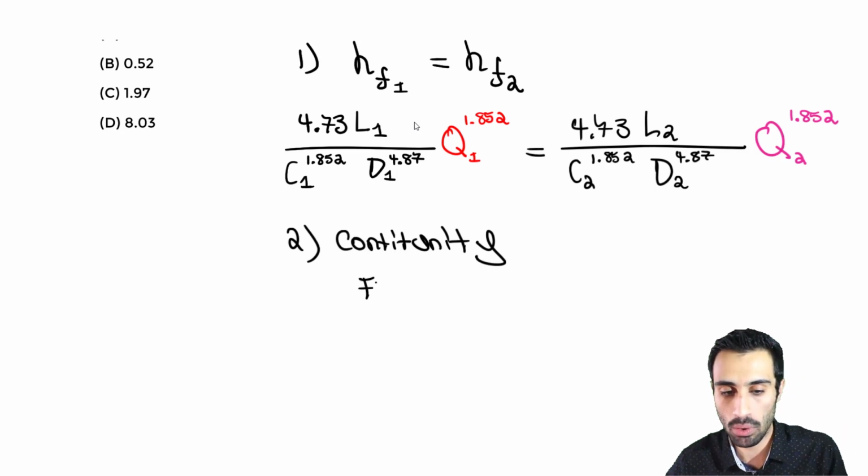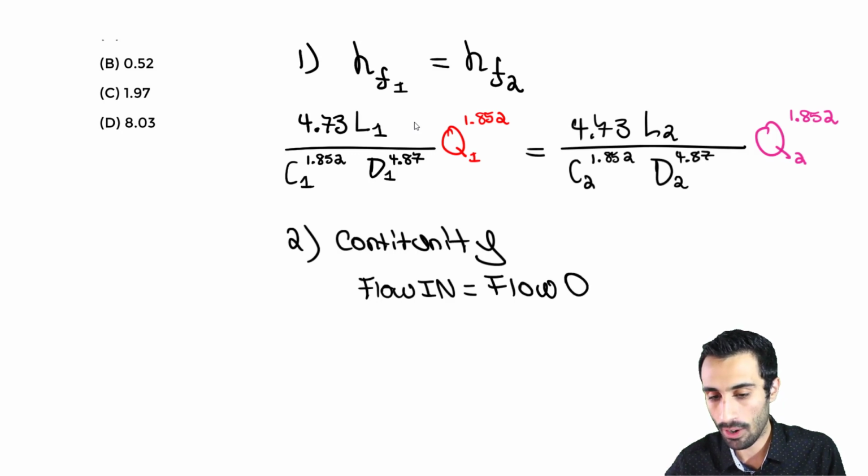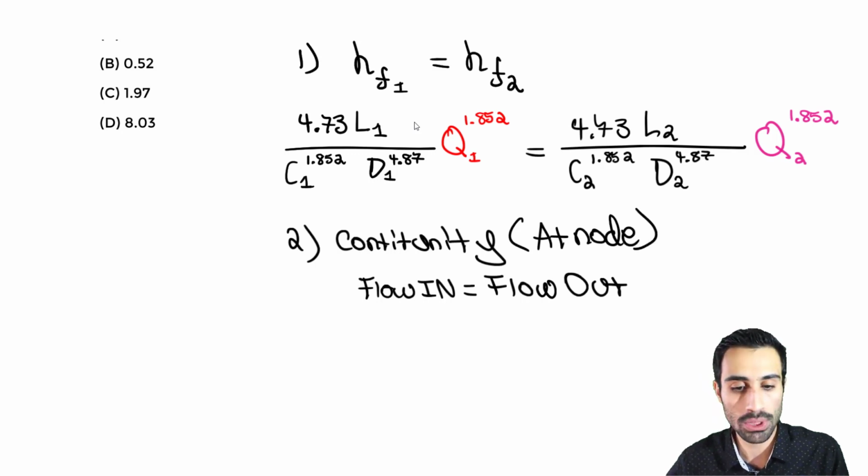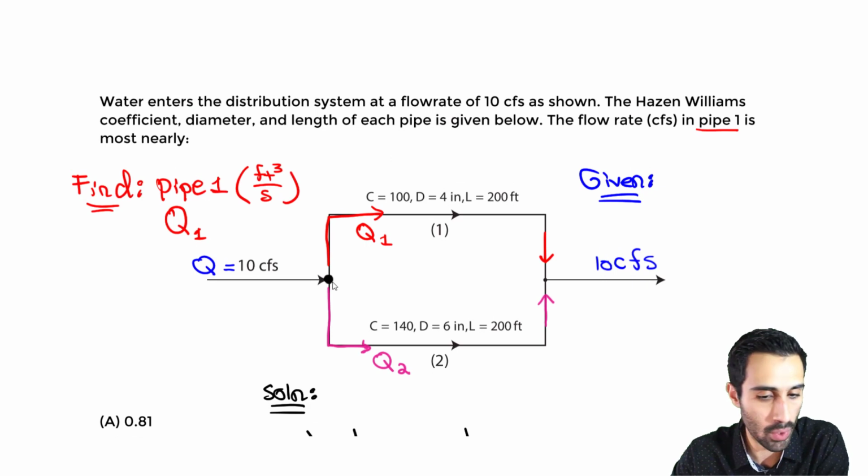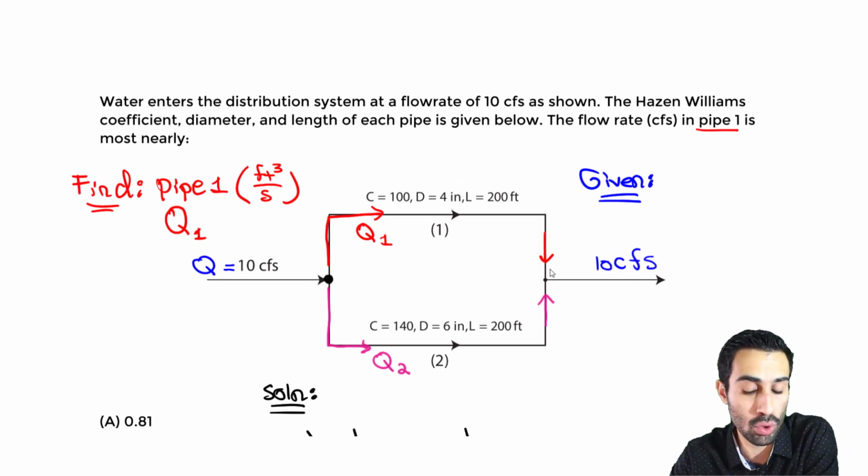So we'll say flow in equals flow out. And this is true at the nodes, at the junction. So we will say the flow in. If you go above, let's focus on this node, or you can use the node downstream on this side, but let's just do this one.